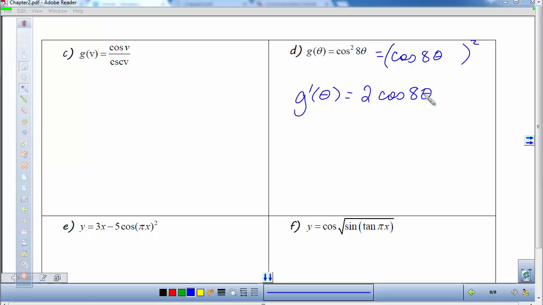Now I come on the inside and I have to take the derivative of cosine. The derivative of cosine, I'm going to do this just for clarity, is minus sine 8 theta. I just take it one layer at a time. Don't change that 8 theta yet. Now I'm at this part. The derivative of 8 theta is what? 8. Okay, so that's our derivative.